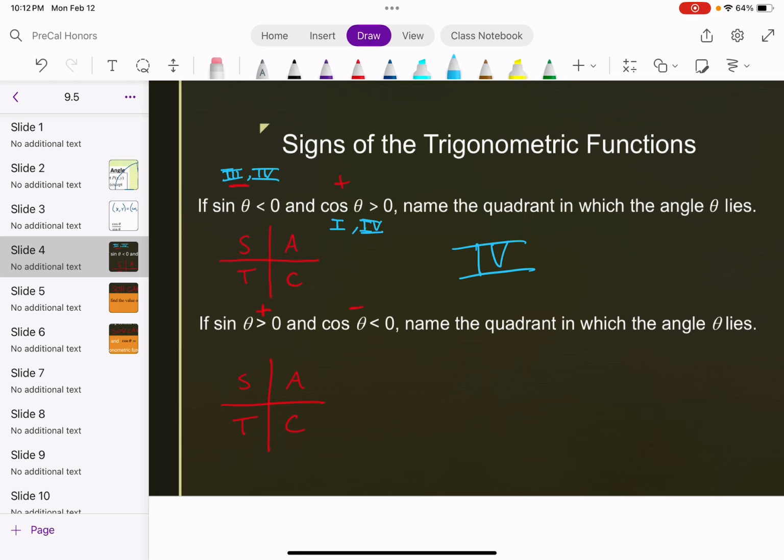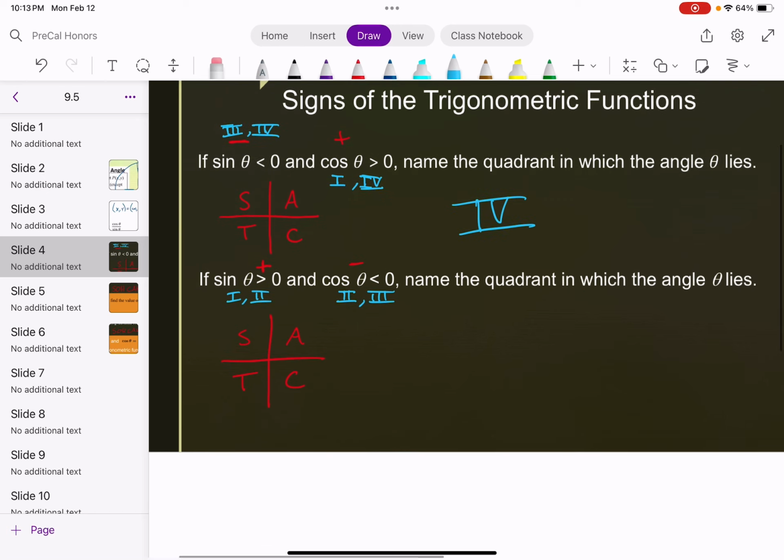We're going to first take a look at where sine is positive, and that would be in quadrant 1 and 2. Cosine is negative in quadrants 2 and 3. The only place where those two overlap would be quadrant 2.